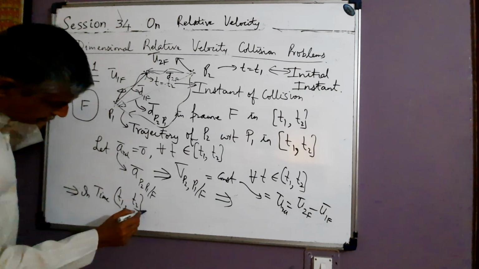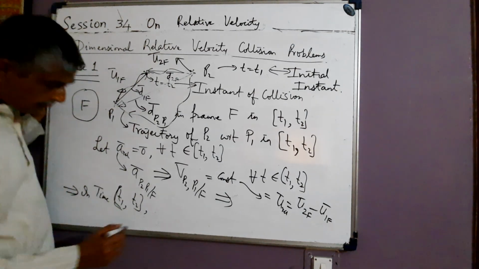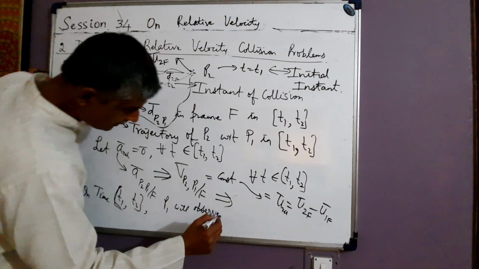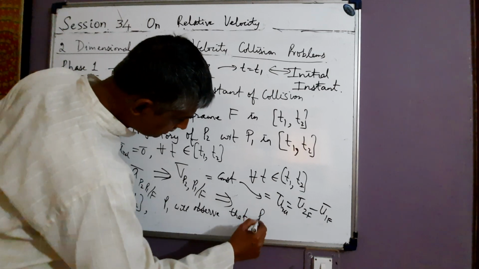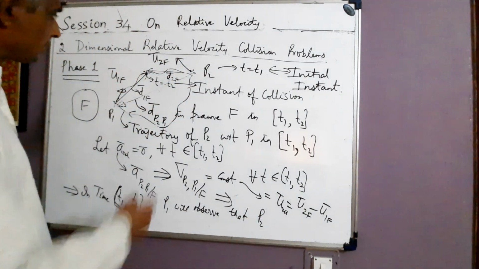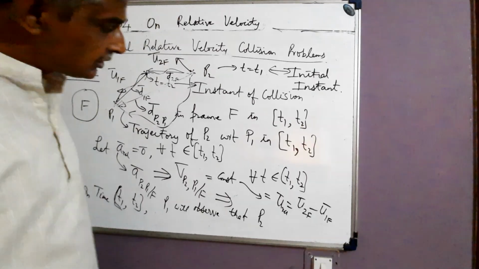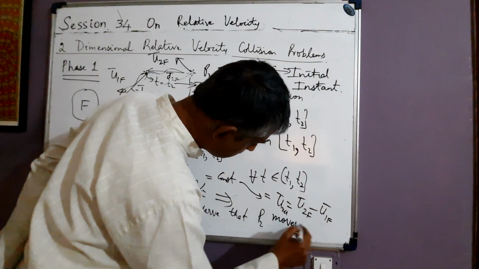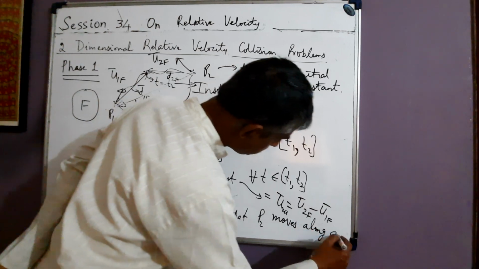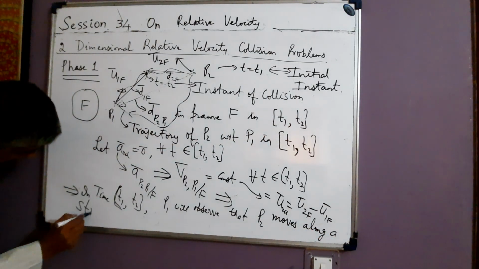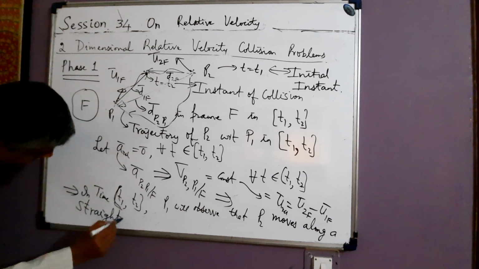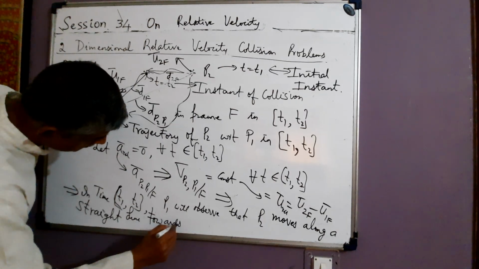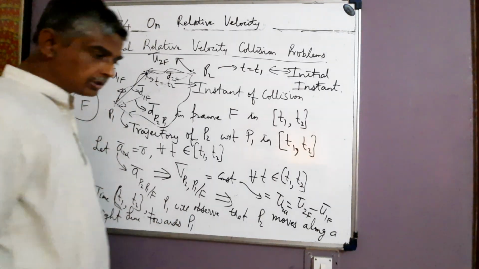So after applying this restriction, in time interval t1 to t2, p1 will observe that p2 moves in a straight path directed towards p1 at a constant relative velocity of u relative.